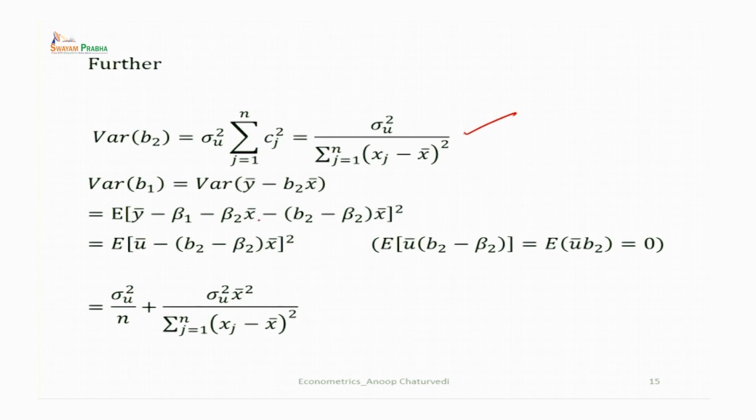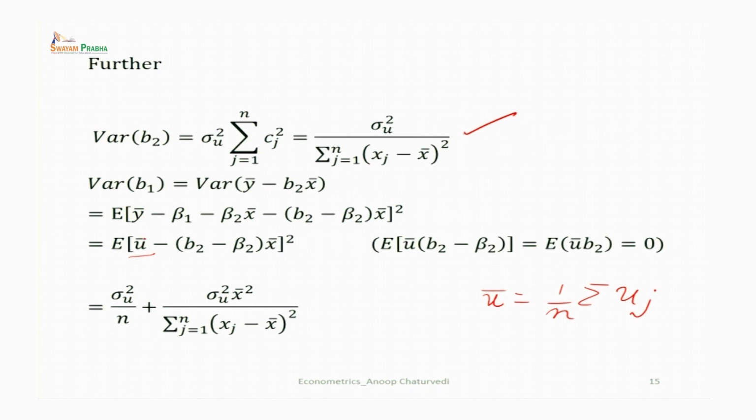Then y bar minus beta 1 minus beta 2 x bar can be written as say u bar. U bar is equal to 1 upon n summation u j minus, you get B2 minus beta 2 x bar whole square.